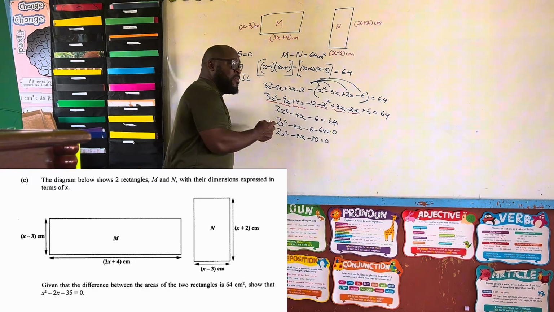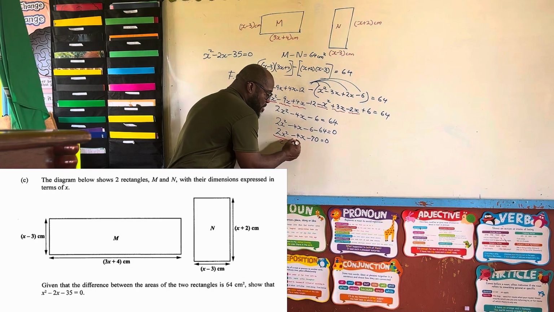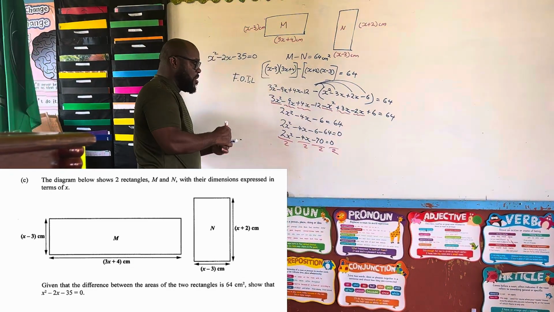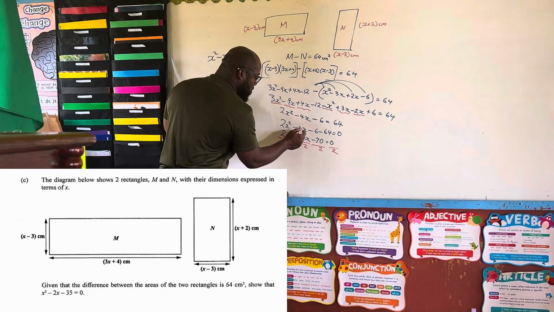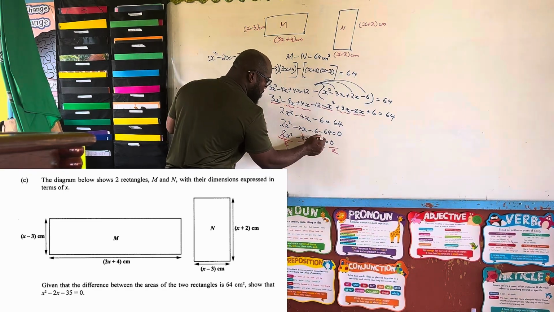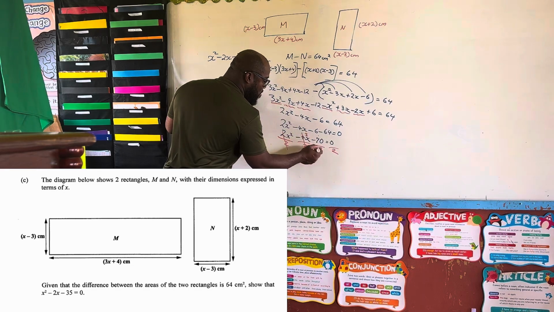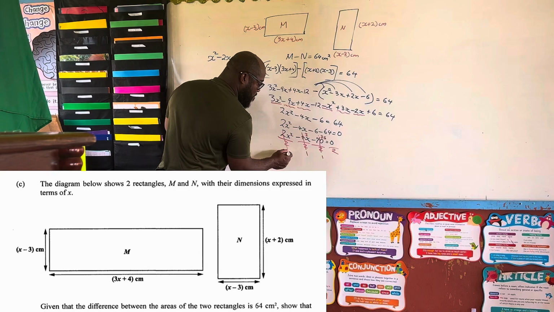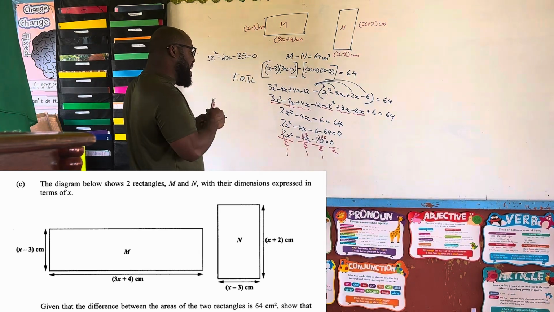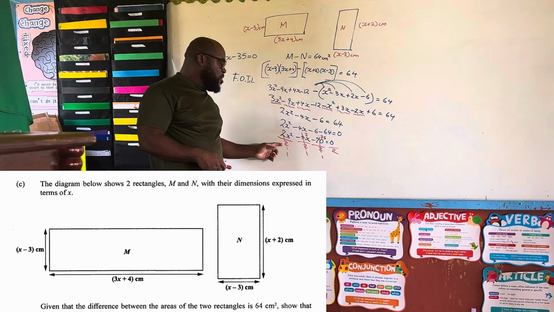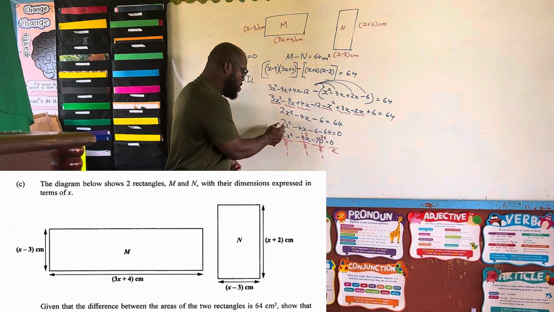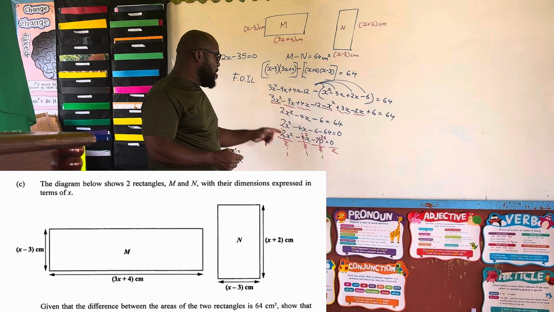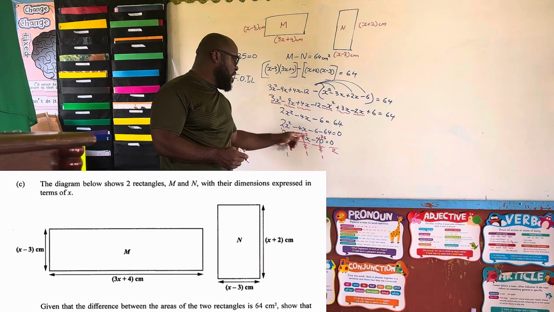It will be by dividing by 2. 2 divided by 2 is 1, which is x squared left. 4 divided by 2 goes to negative 2 left.